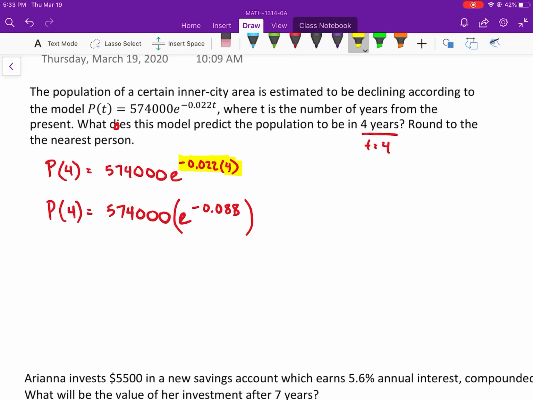Okay, so my next step here, which I'm going to highlight in green, is to go ahead and take e to that power. If you have a TI-84, you would hit second ln, and that'll put the e on the screen, and then all you have to do is type in your exponent, negative 0.088.